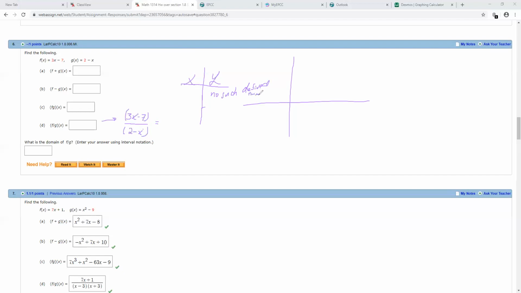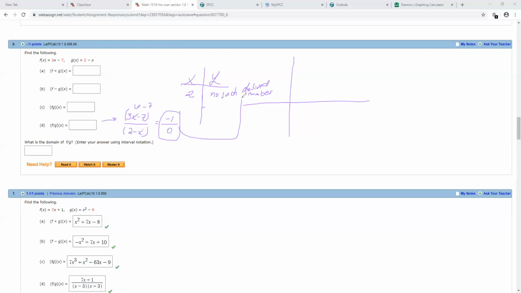And so that's at 2. Because if you plug 2 in, we would get 3 times 2 is 6. 6 minus 7 is -1. But 2 minus 2 would be 0. And there we are again.